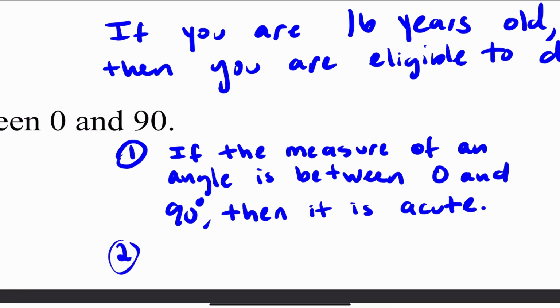And for number two, I can write the opposite direction, meaning I can say that if an angle is acute, then the measure is between 0 and 90 degrees.